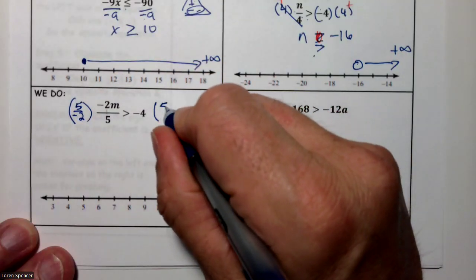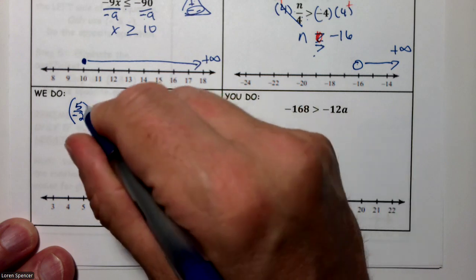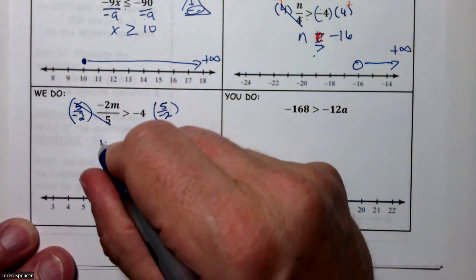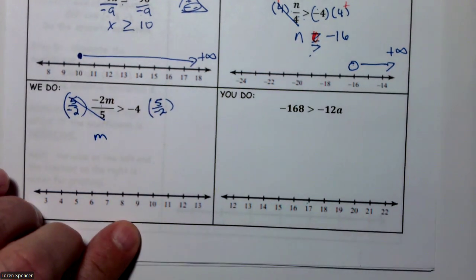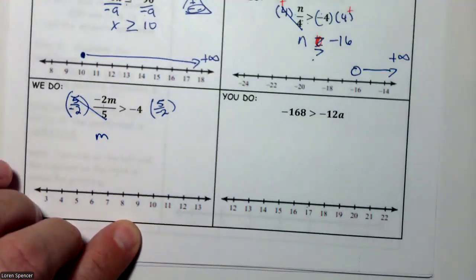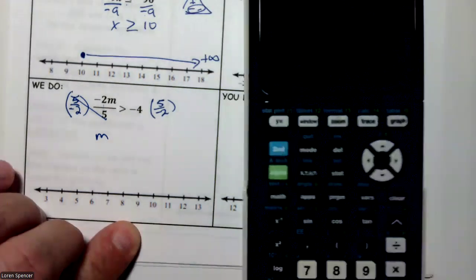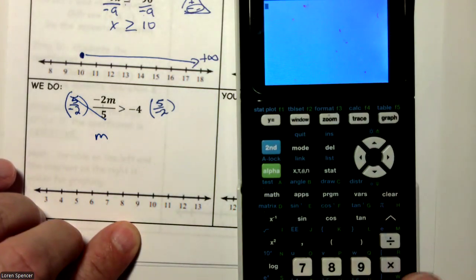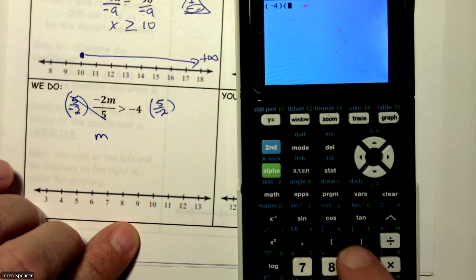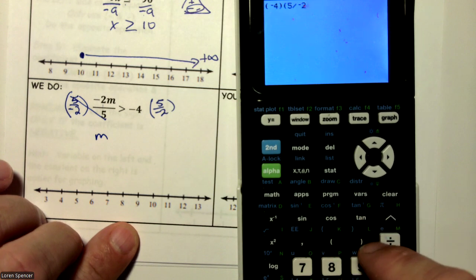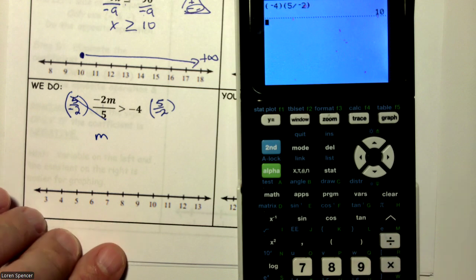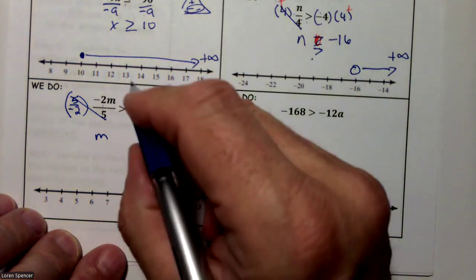And this is going to be 5 over -2. This goes away. And we're going to go to the calculator. And oops, that's the phone, not a calculator. Parentheses, -4, close parentheses. 5 divided by -2, close those parentheses. And we get 10.